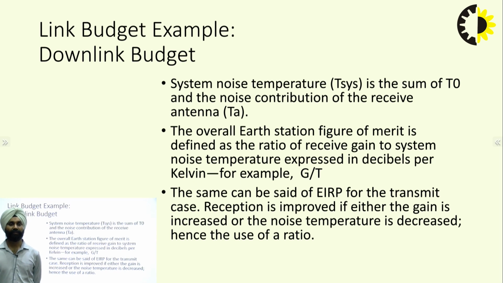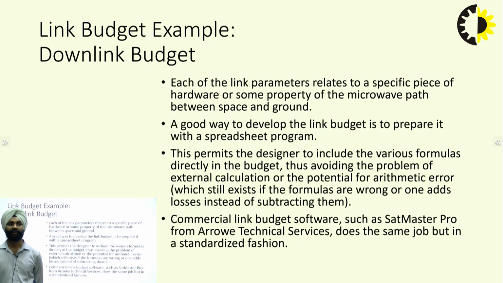The same can be said of EIRP for the transmit case. Reception is improved if either the gain is increased or the noise temperature is decreased, hence the use of the G by T ratio. Each of the link parameters relates to a specific piece of hardware or some property of the microwave path between the space and the ground.